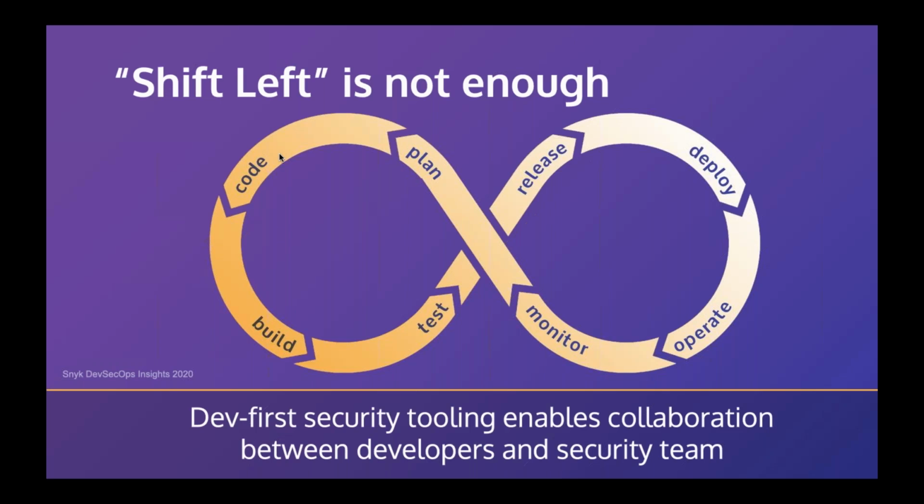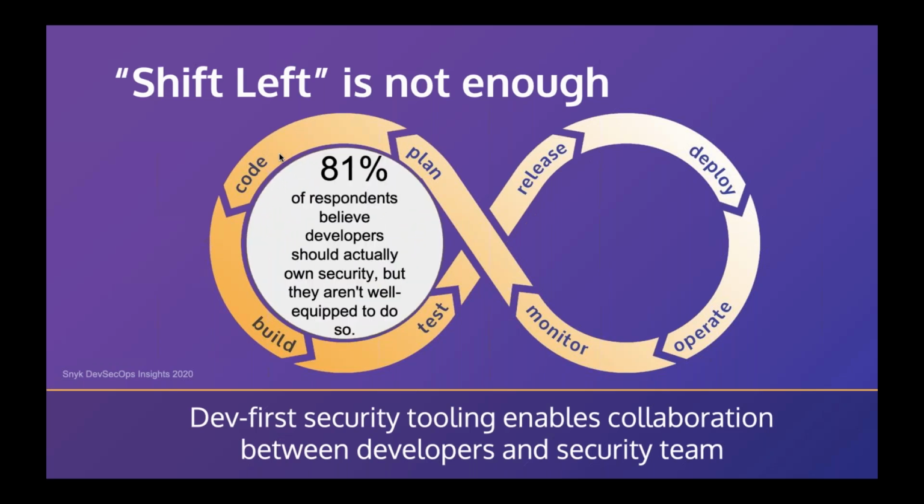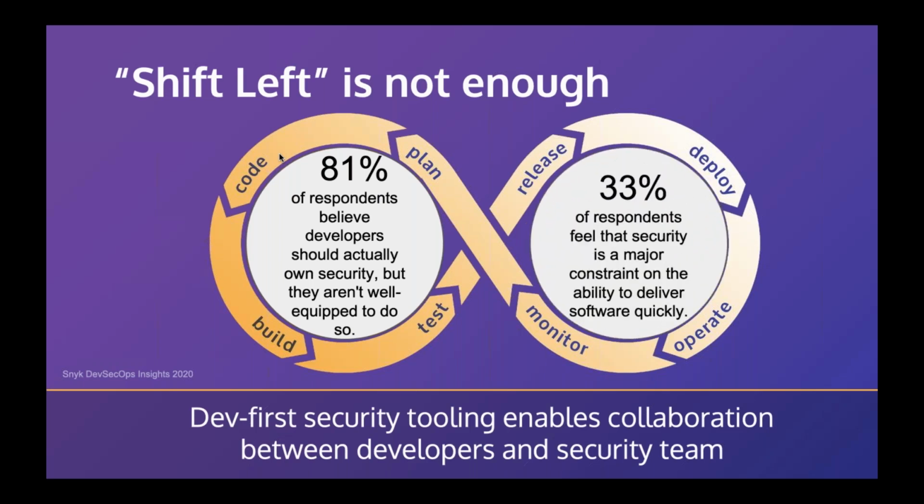So we can see that most developers believe that they should actually own security, but they're not equipped to do so. And on the other side, many security people feel that security is a major constraint on their ability to deliver. So security is still seen as a blocker in many cases, and many developers want to take ownership, but don't feel they have the right tools. So that's really what the solution should address.